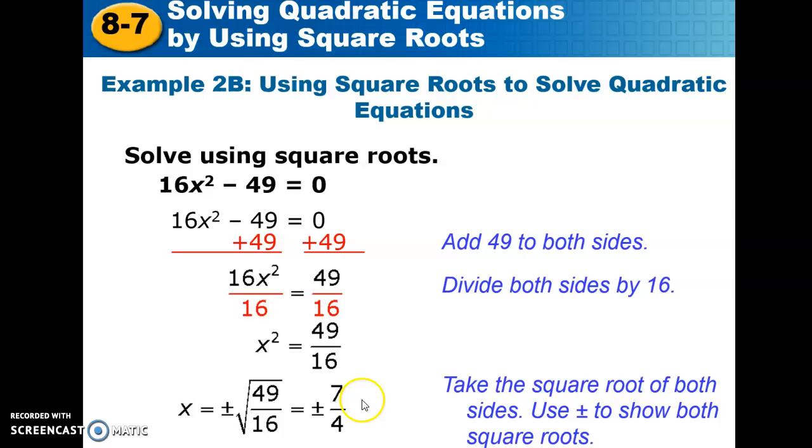That works out really pretty, so x equals plus or minus 7/4. If you were to take 49 divided by 16, you're not going to get a nice number to take a square root of, but you could use a decimal. You should be able to recognize at this point in your math career that these are both perfect squares.